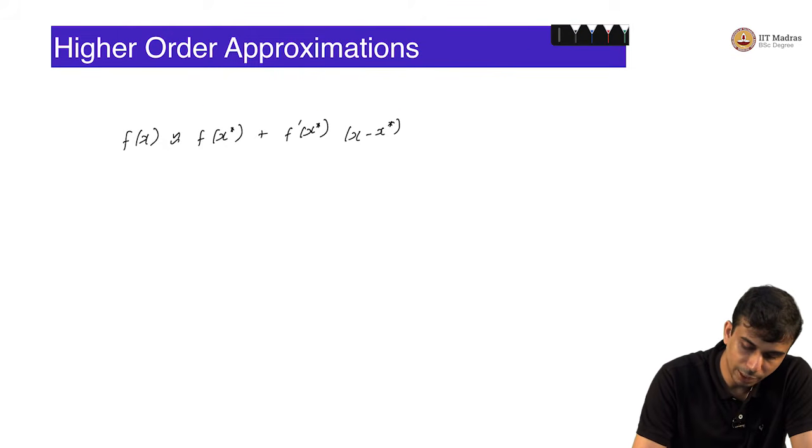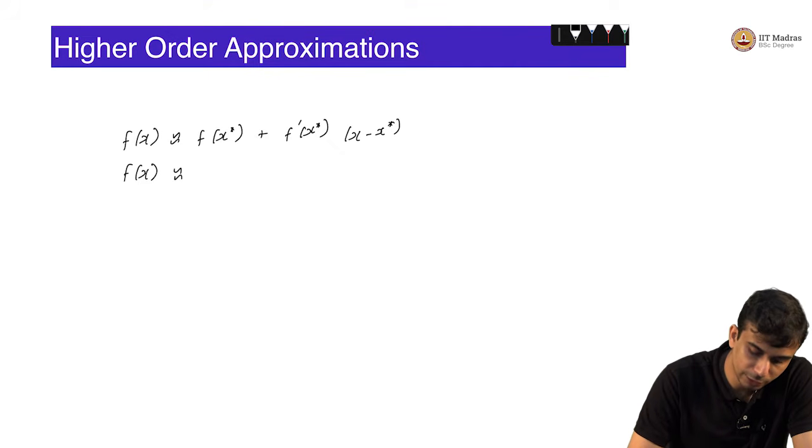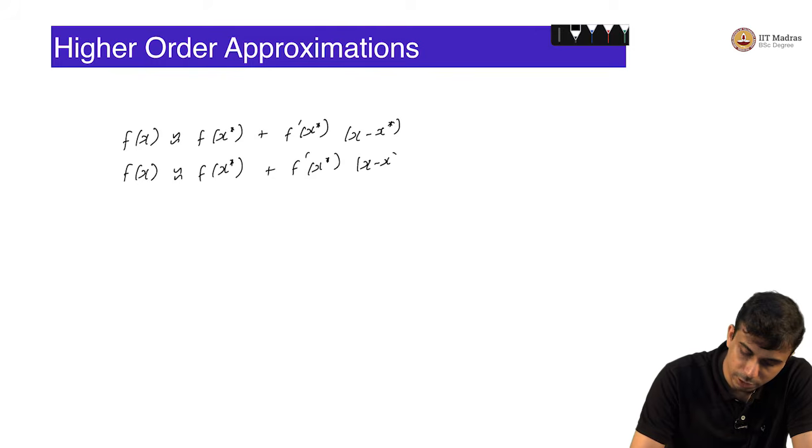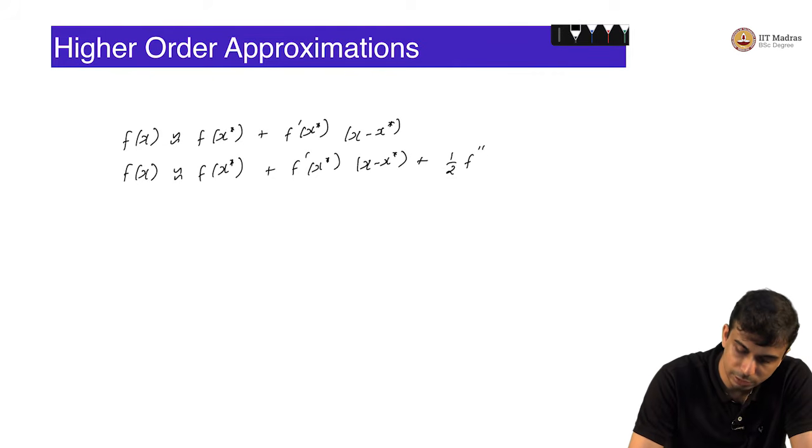But you could go to higher order approximations and have a quadratic approximation instead, which would say f of x is approximately equal to f of x star plus f dash of x star into x minus x star plus half f double dash of x star into x minus x star the whole square.